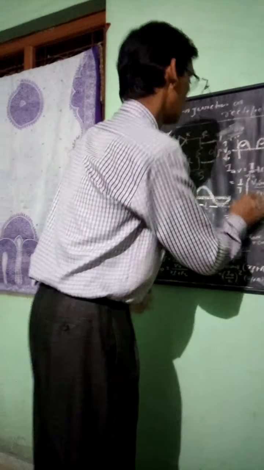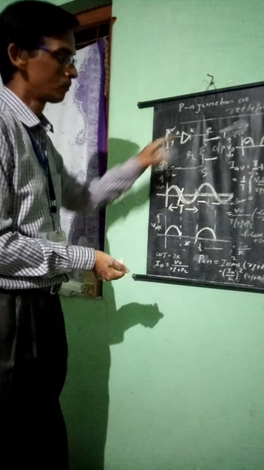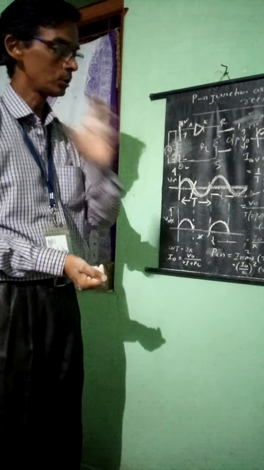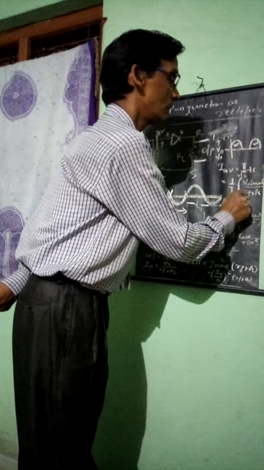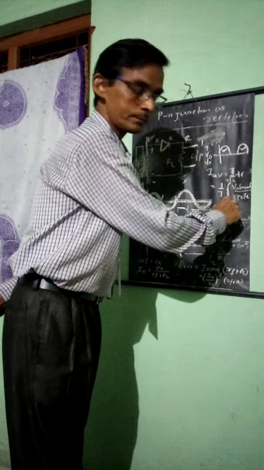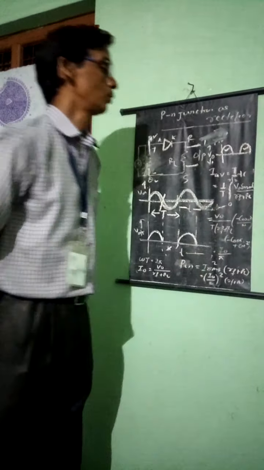The internal resistance of the diode is RF, and the load resistance is RL. Both resistors are in series, so we can say V naught sine omega T divided by RF plus RL. We are getting this average current by integrating from 0 to T by 2. You can see V naught, RF and RL are all constant terms, so take V naught by T into RF plus RL to the outside.